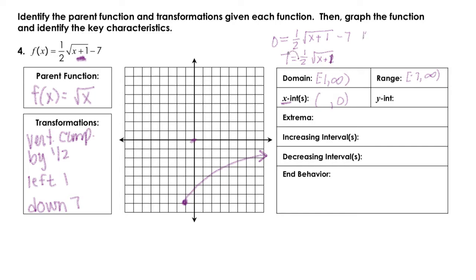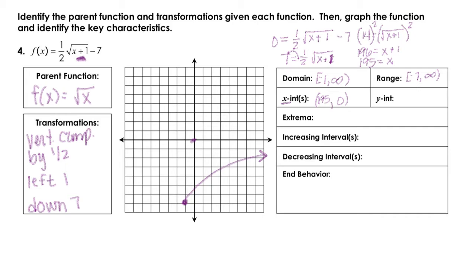So I have 14 equals the square root of x plus 1. We need to square both sides, and if we square both sides, again, we are squaring 14. So that's going to be 196 equals x plus 1, so x is 195. That would be our x-intercept. So here, 195, comma 0.